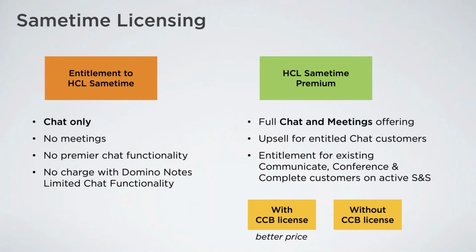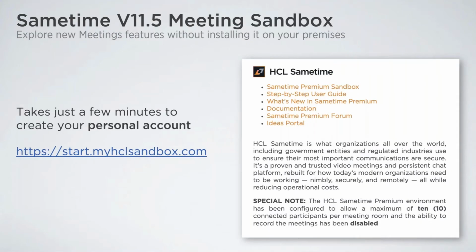If you like what you just saw and would like to test it, would like to play with it, would like to explore, there is a chance. We have a sandbox for you.